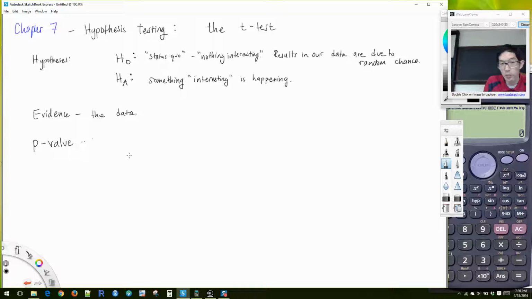We also talked about something called the p-value. Do you guys remember kind of what the p-value is? The p-value is a probability.